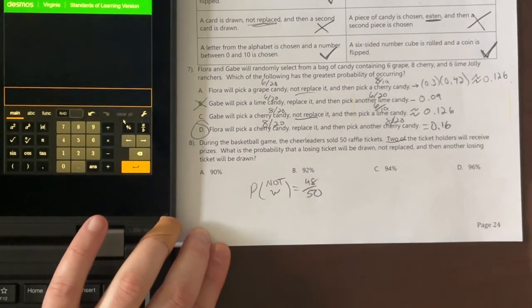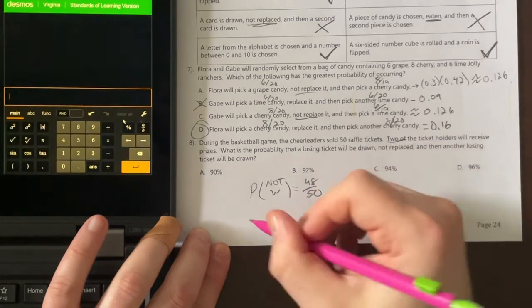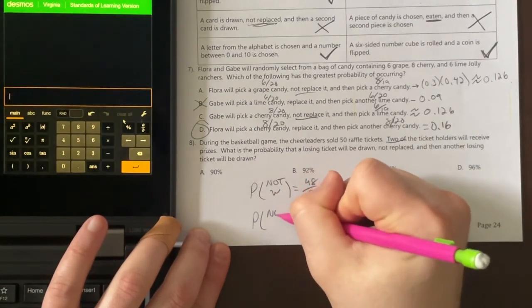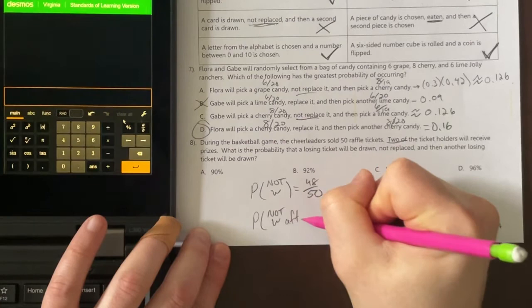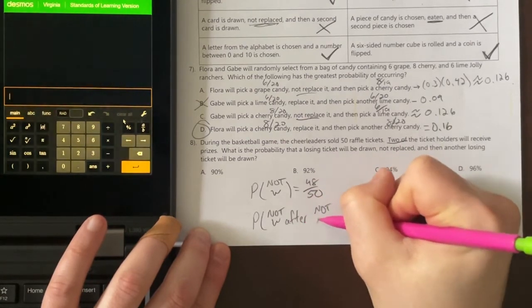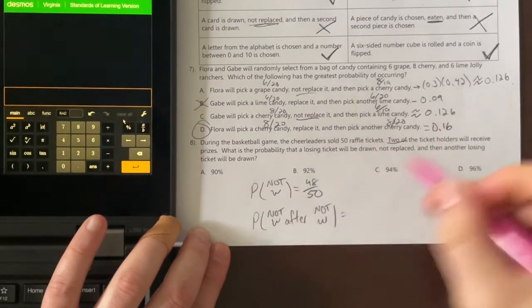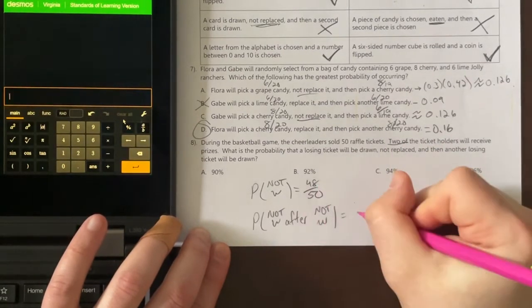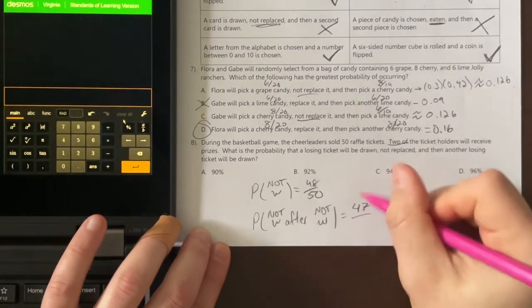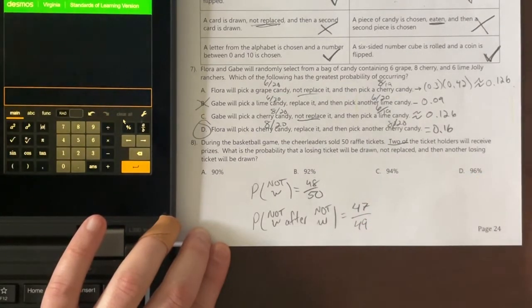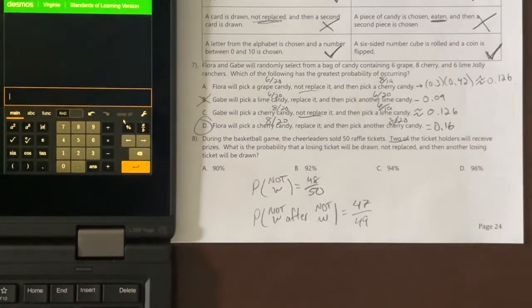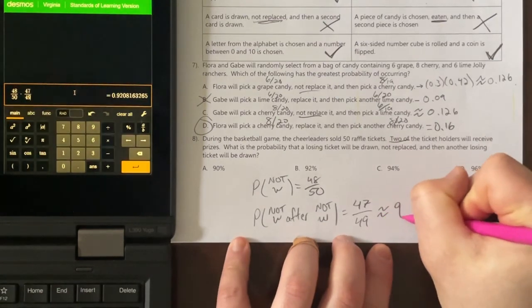That means when I pick one out, what's the probability of another not win after I picked a not win in the first place? Well, I took one out, so there's going to be 47 not winners out of the 49 total remaining. Multiply those 2 together. So I'm going to take 48 over 50 times 47 over 49. So that's going to be about 92%.